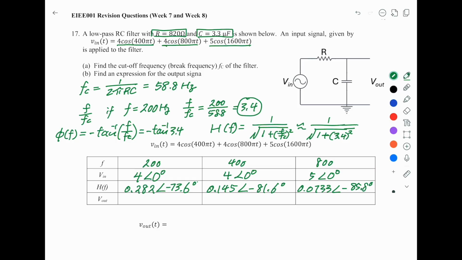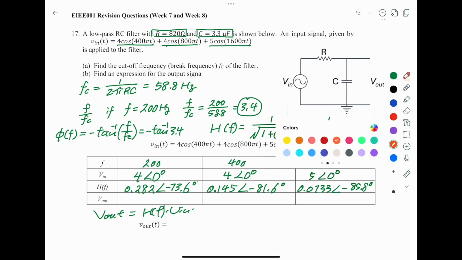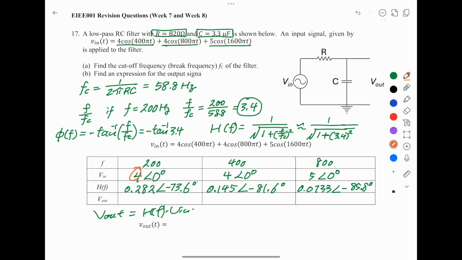Now we can apply the transfer function to the input signal term by term, and same argument, we multiply the amplitude and we add the phase angle.